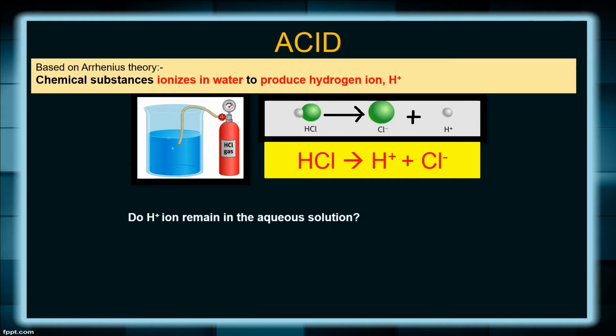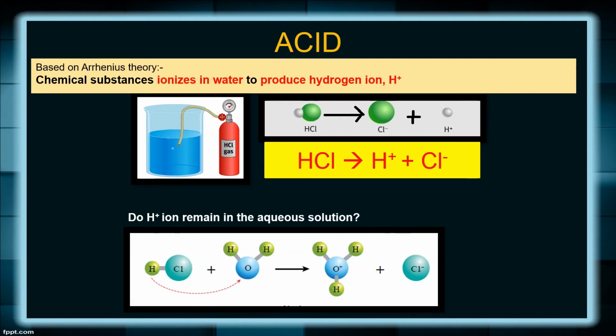So now, do hydrogen ions remain in the aqueous solution? Let's look here. When hydrogen chloride molecules ionize hydrogen ion in water, the hydrogen ion ionized will be attracted to the water molecules, hence they will form hydronium ion.